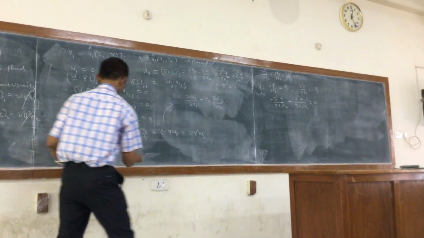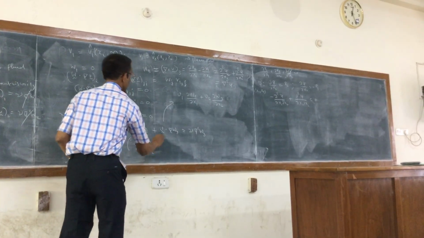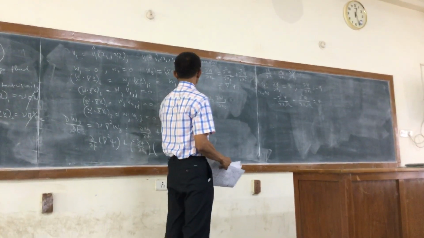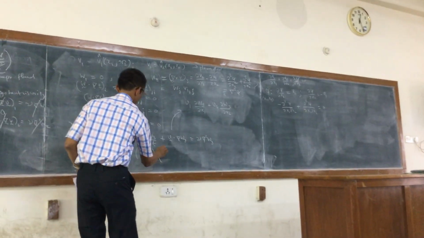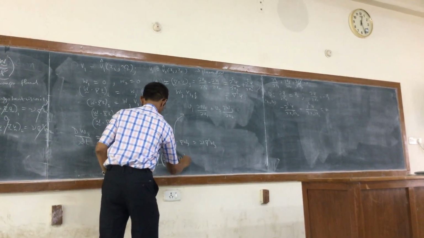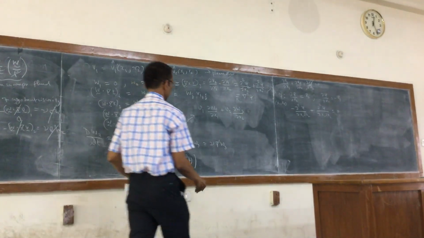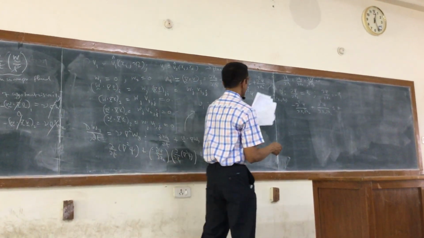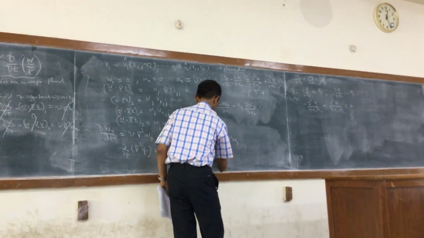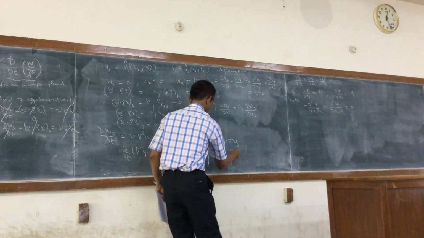V1 is minus d psi by dx2 times dw3 by dx1, d by dx1 of, then we have the next term plus V2, which is d psi by dx1, times dw3 by dx2, d by dx2.